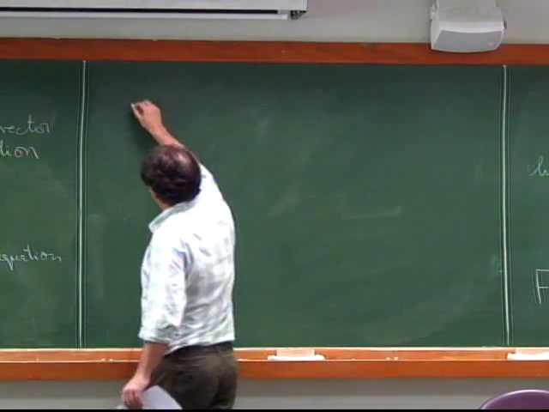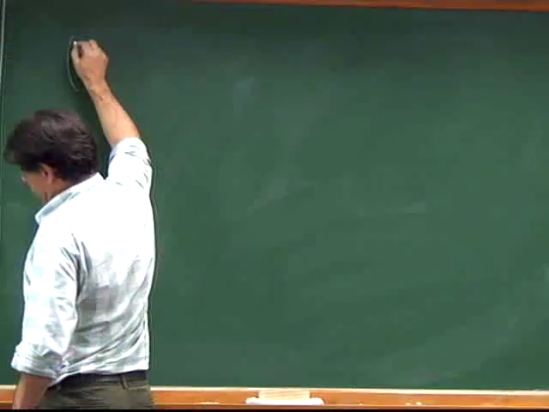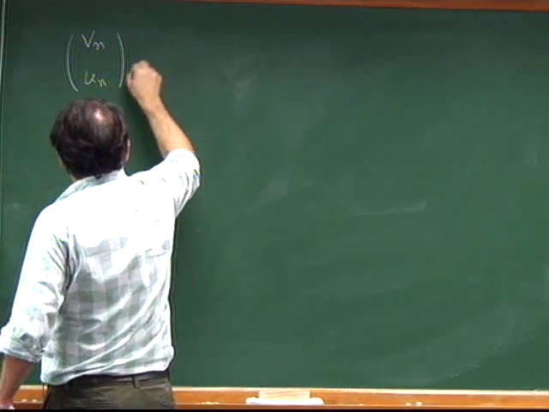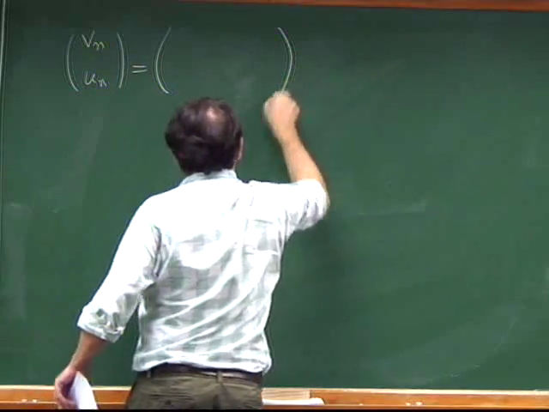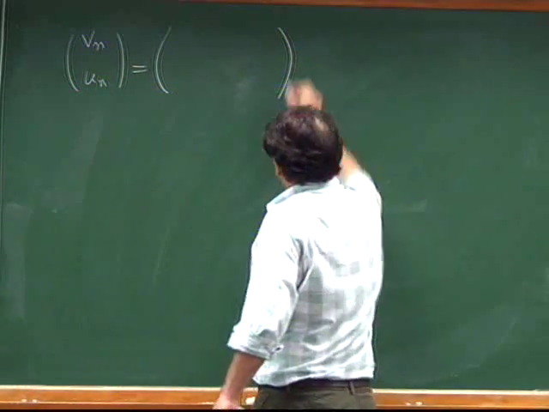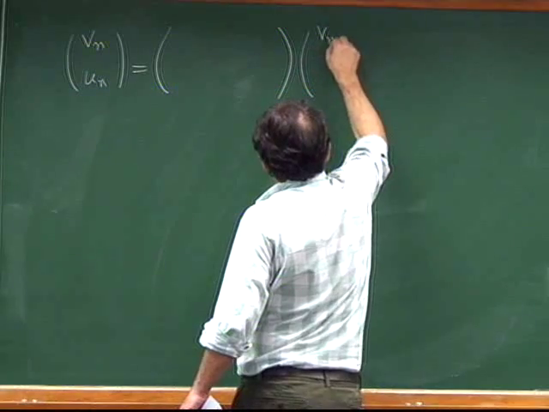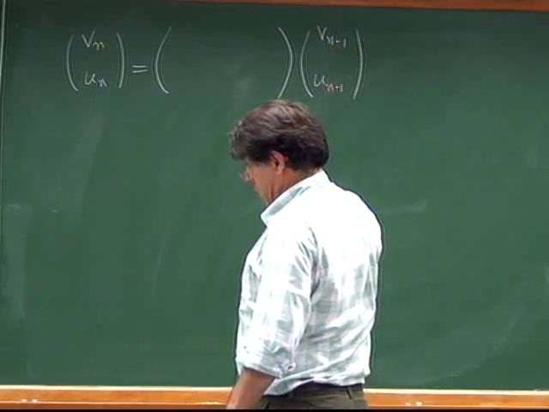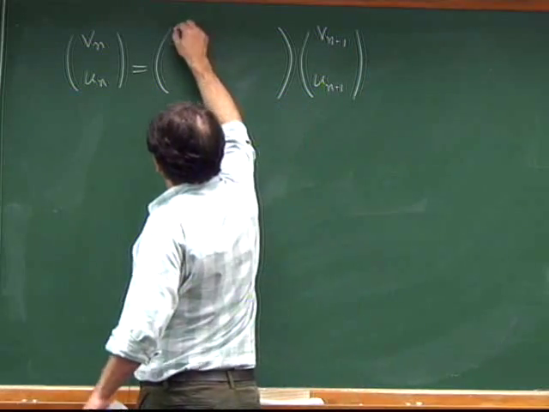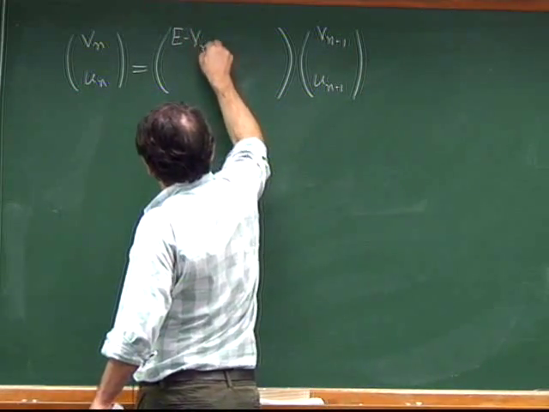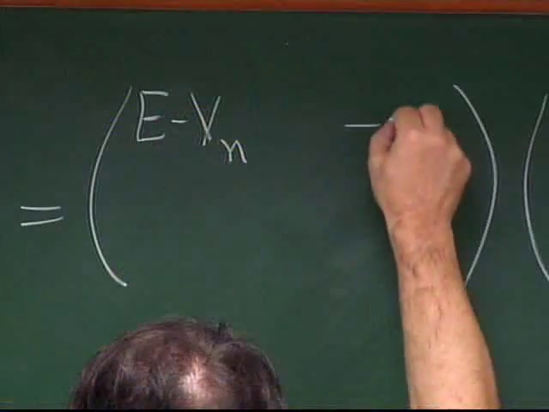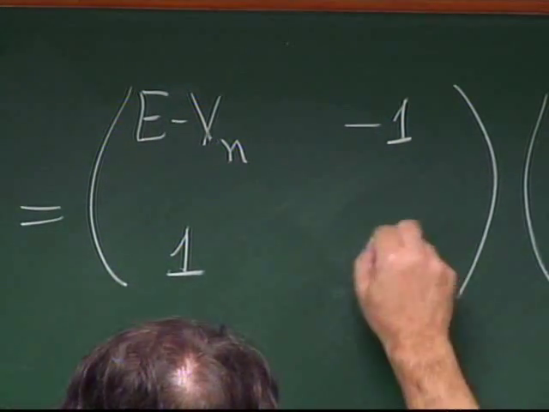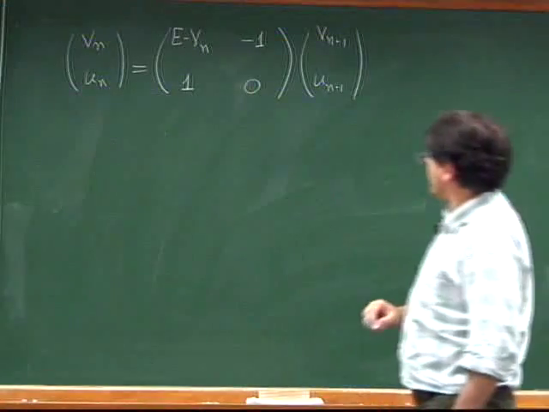This expression can be written as follows. (v_n, u_n) equals the matrix (E minus V_n, minus 1; 1, 0) applied to (v_{n-1}, u_{n-1}), for all n.